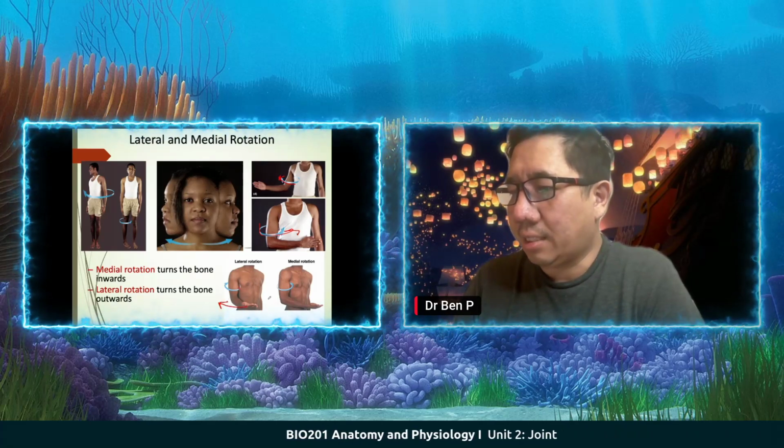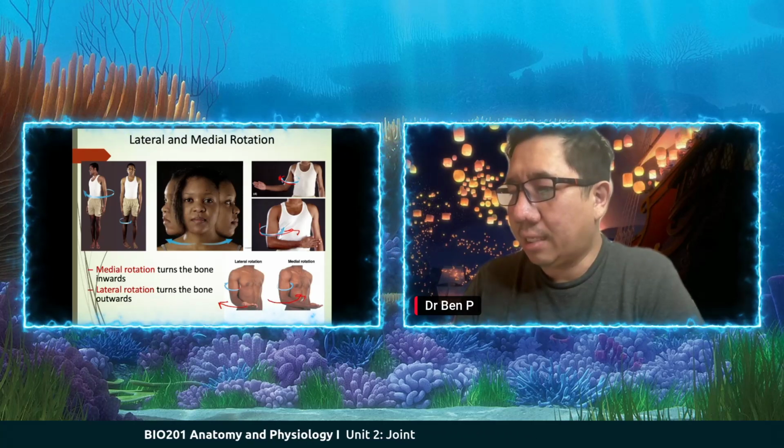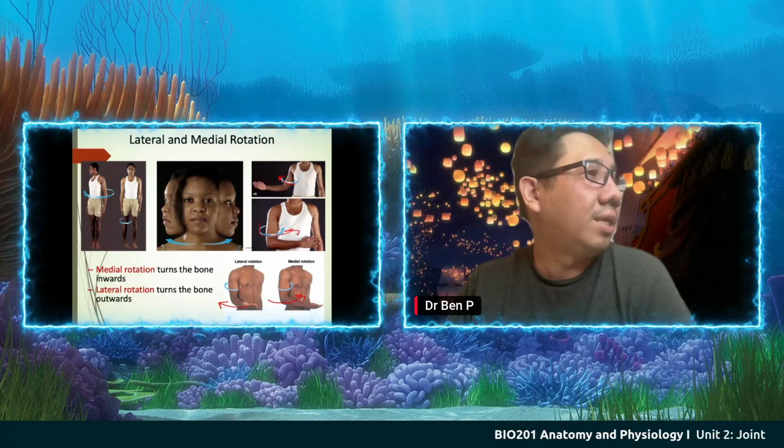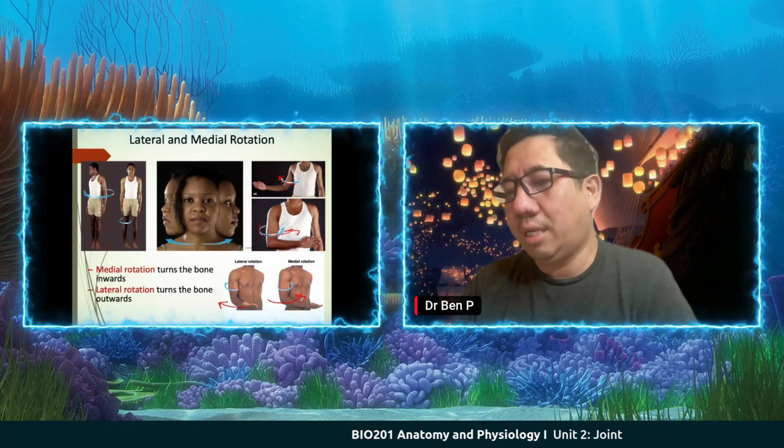Going in like this, your arm is medial rotation. Same thing here: the hand will move toward this side, which is called the lateral rotation. The hand will move in, that's the medial rotation. Rotating your face, your neck is also rotating as well. There's no medial or lateral; you're just rotating.